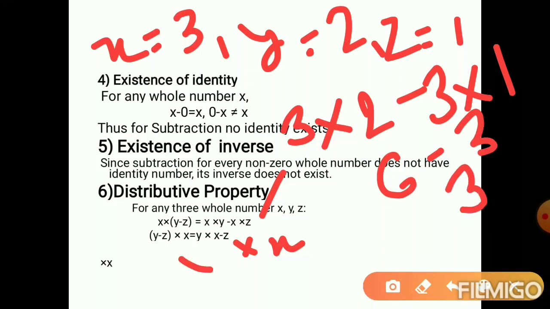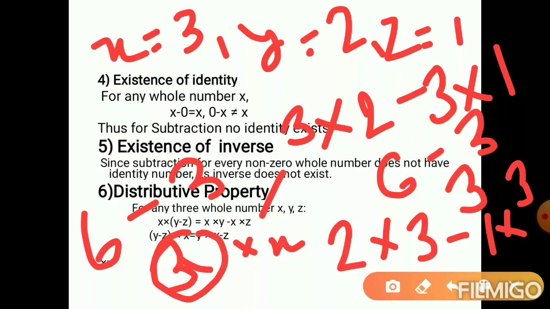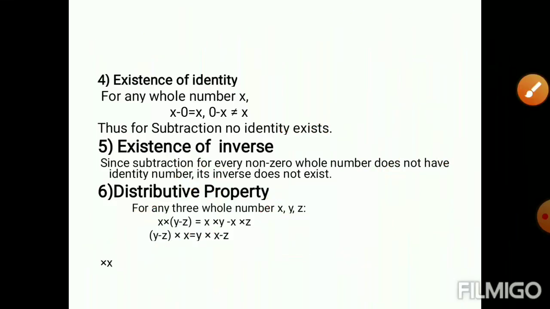Now place the values in the second row. y multiplied by x, so y is 2, x is 3, minus z into x. My z is 1 and my x is 3. So 2 times 3 is 6 and 3 times 1 is 3. 6 minus 3 is 3. So here I get 3 and here I also get 3. So we can multiply numbers in any order.